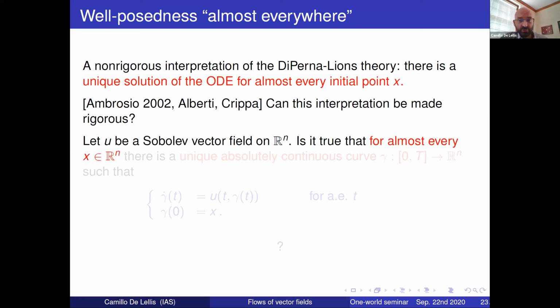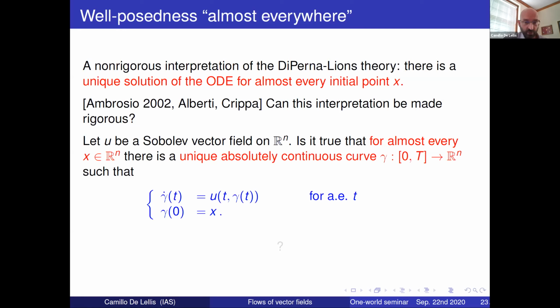So the question then is the following: if you have a Sobolev vector field on Rn, is it actually true that for almost every initial point, you have an absolutely continuous curve which is unique and which solves the ordinary differential equation? Okay, so that there is at least one solution for almost every point, that is true by the DiPerna-Lions theory. There is uniqueness if you bundle the trajectories all together and you build this flow phi.